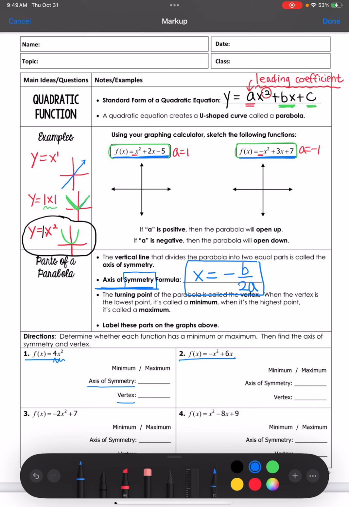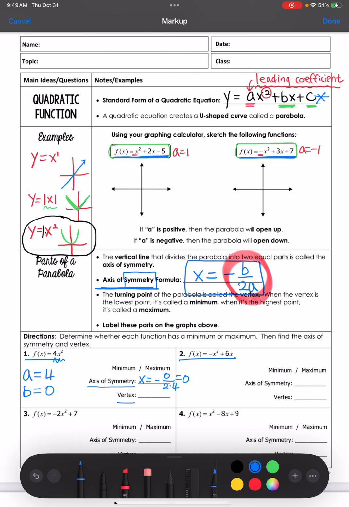Using this standard form, your a equals 4, and this one doesn't have an x term, so your b value is 0. So using the axis of symmetry formula, it's x equals negative 0 over 2 times 4. I'm using this formula, then my x equals 0.